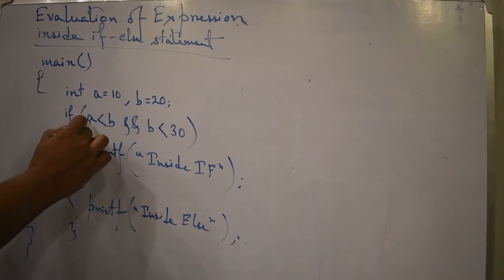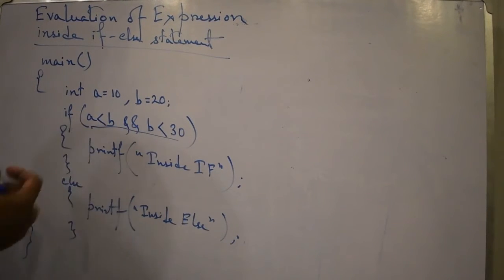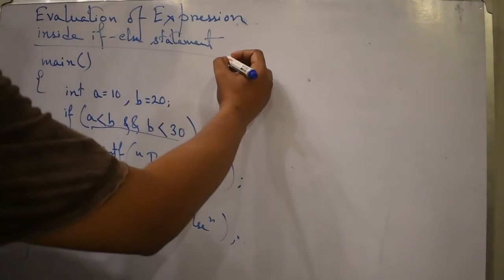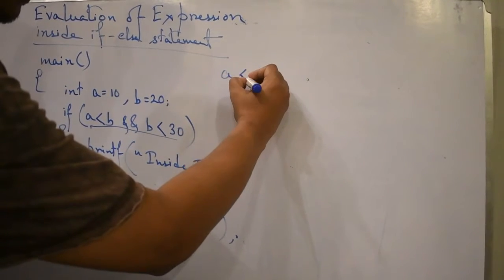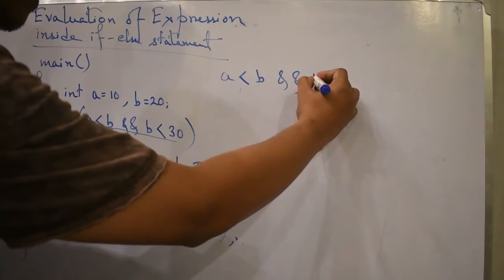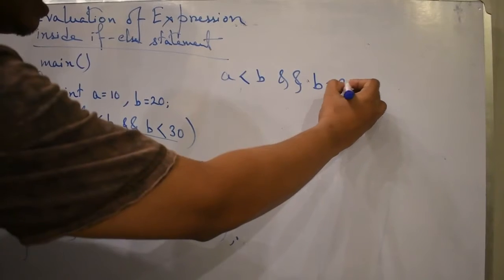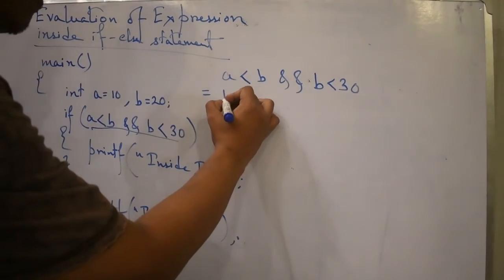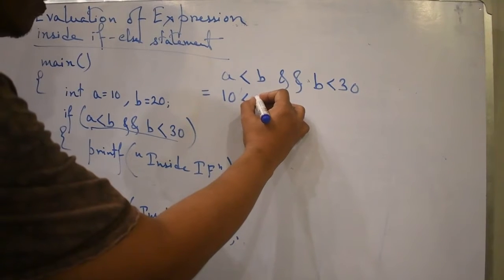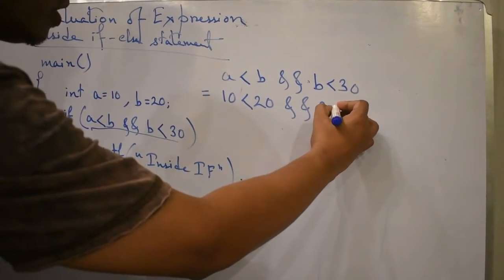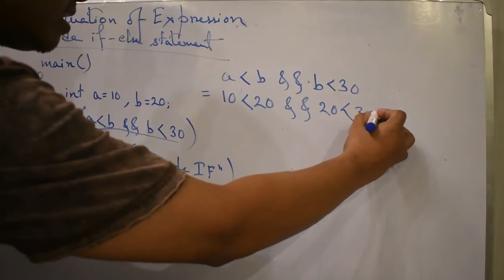So how will it be evaluated? It will be evaluated like this: a less than b and b less than 30. A's value is 10, B's value is 20, and B's value 20 is lesser than 30.